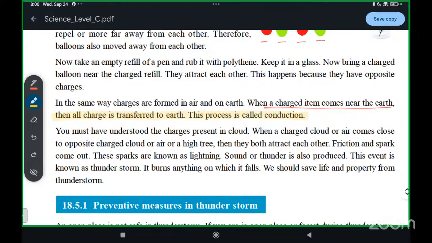When a charged cloud or air comes close to an oppositely charged cloud or air or a high tree, then they both attract each other. Friction and spark come out. And these sparks are known as lightning.